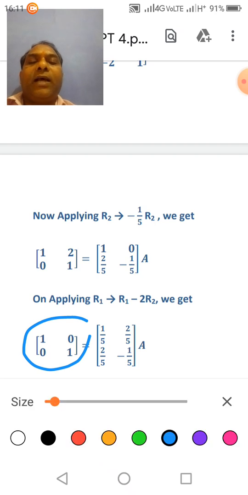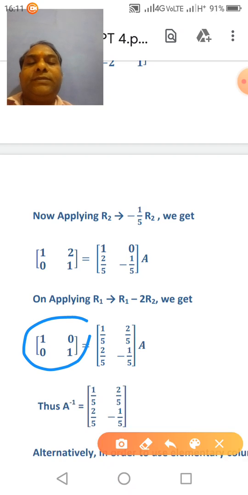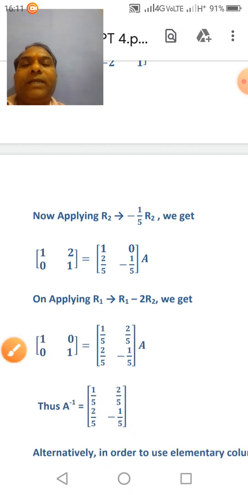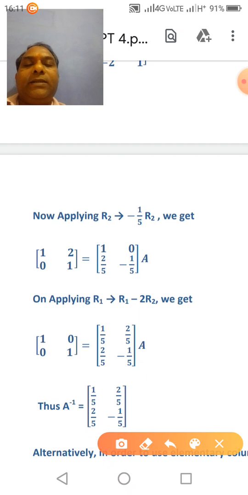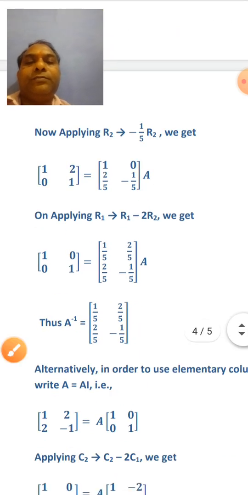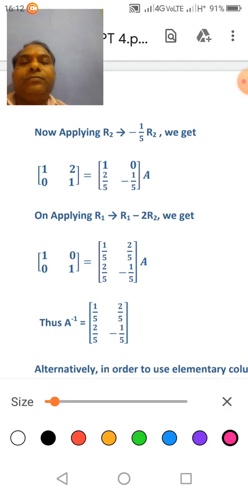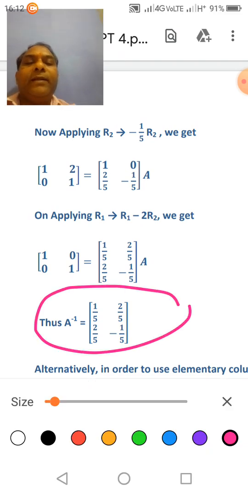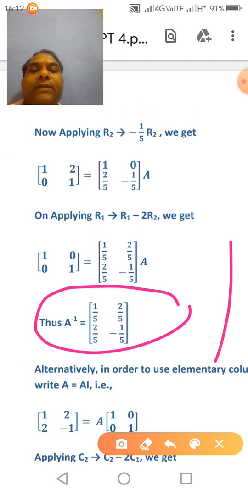Then RHS will be the inverse of the given matrix. So you can write A inverse is equal to this one. Clear?